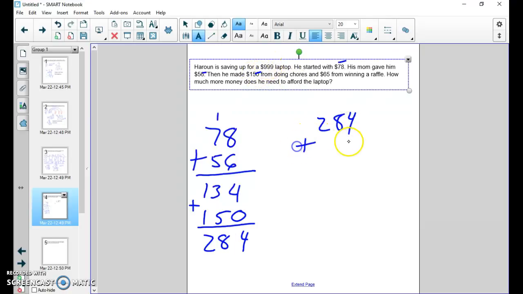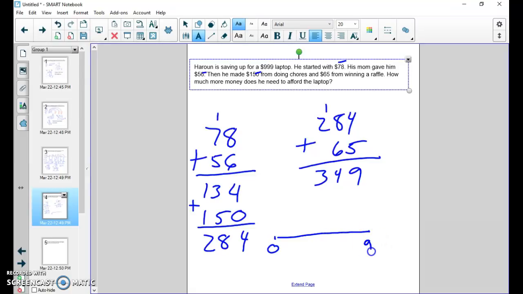And then he won 65. 14, 349. All right, so he has 349. His goal, this time I will draw a picture very fast. If he had $0 to start with, it would be a really easy problem, because he would need 999. But he does have some, so let's see. He has about 349.